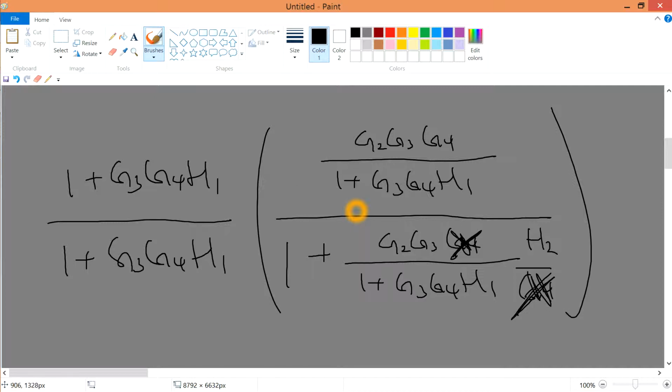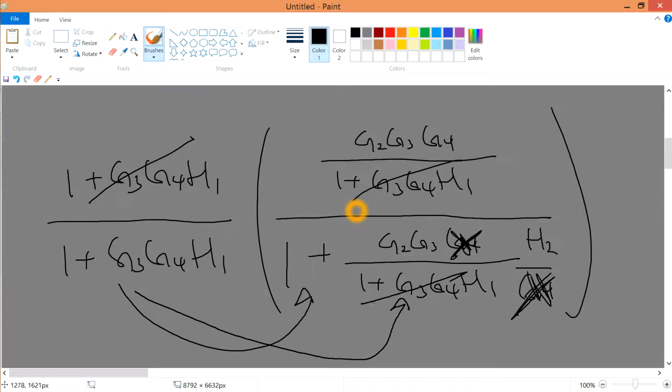Anyway, this is simply equal to 1, so I didn't change anything, I'm just manipulating stuff. So this thing cancels with this thing, then this thing multiplies with 1, and then this thing cancels with this. I'm just simply doing that.